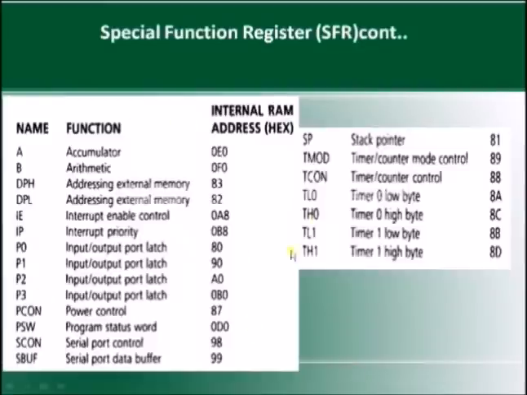Now these are all those 21 special function registers: accumulator, B register, DPH, DPL, that is data pointer higher byte and data pointer lower byte, and then interrupt enable, interrupt priority, port 0, port 1, port 2, port 3 registers, power control register, program status word, serial control register, serial buffer, stack pointer, timer mode control register, and timer control register, TL0 and TH0, which are related to timer 0, lower byte and higher byte, TL1 and TH1, which are related to timer 1.